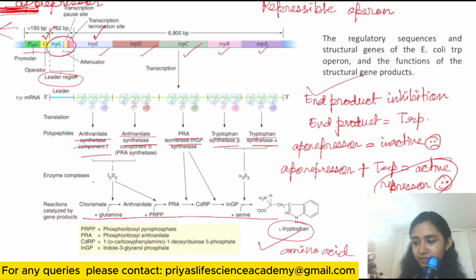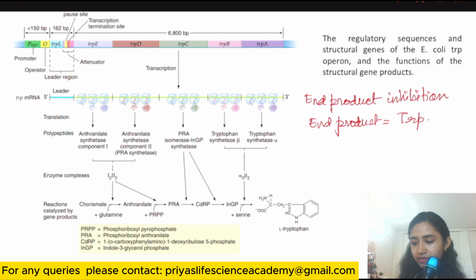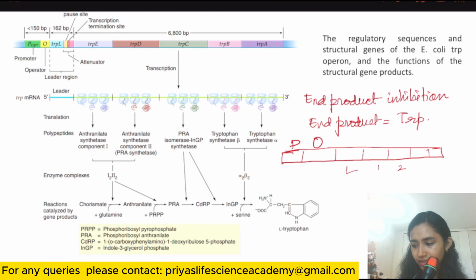Okay, I am giving you another very clear description, as in the case of the lac operon as well. This is the promoter, this is the operator, and this is the leader, and these are the 5 structural genes: 1, 2, 3, 4, 5.